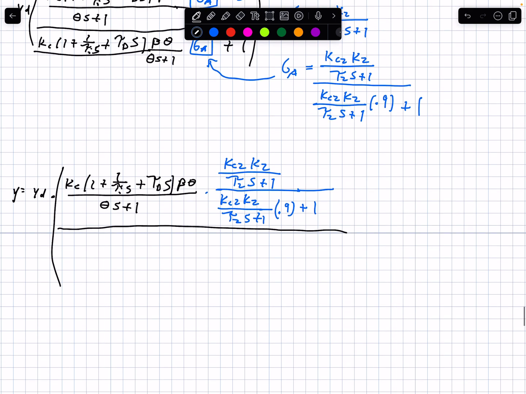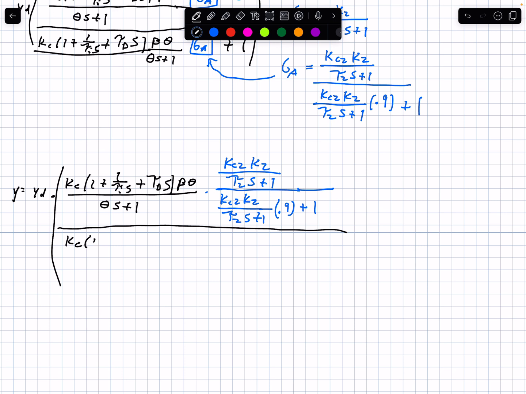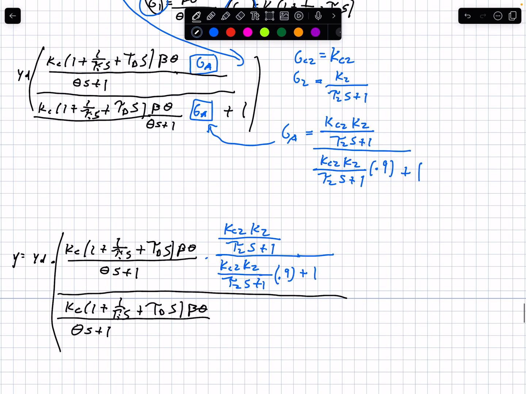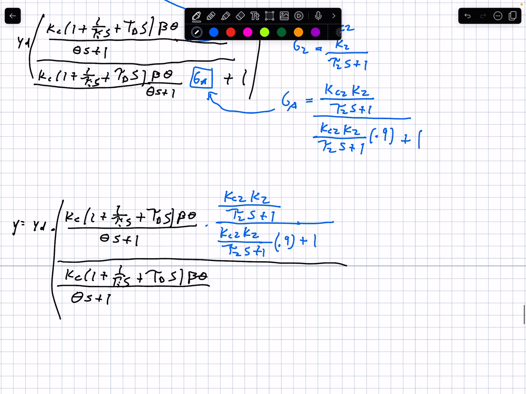And that is just going to be this KC1 (1 plus 1 over tau I S plus tau D S) beta theta over theta s plus 1. Okay, and that takes care of everything here. And then we just have to multiply by the GA. We're going to put our plus 1 so we don't forget that.